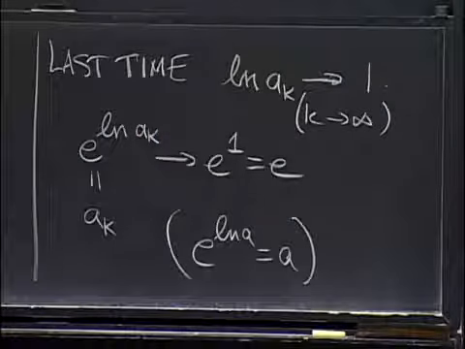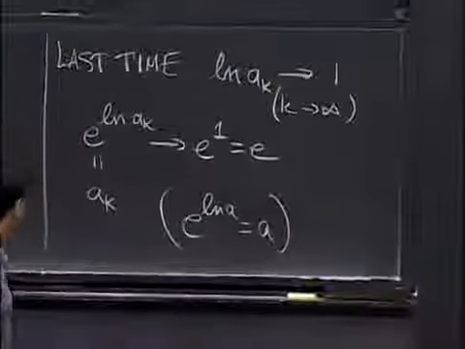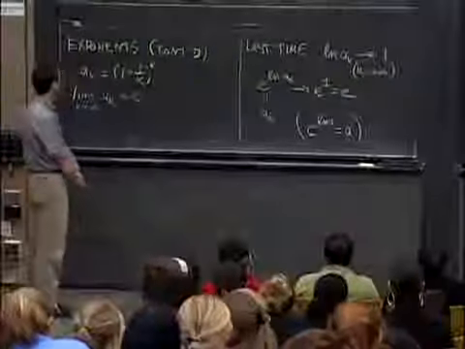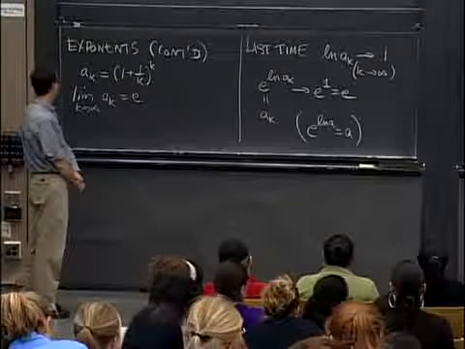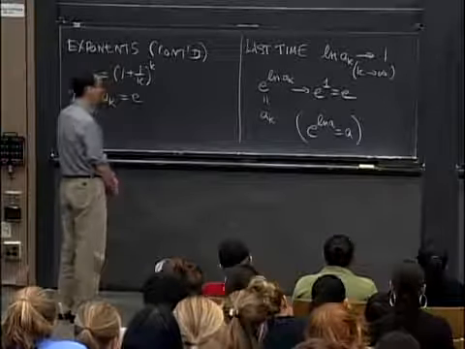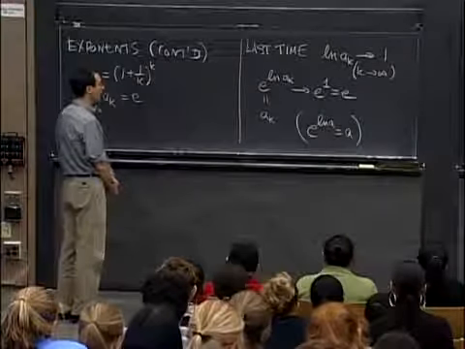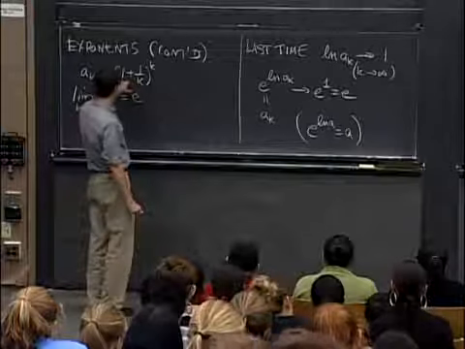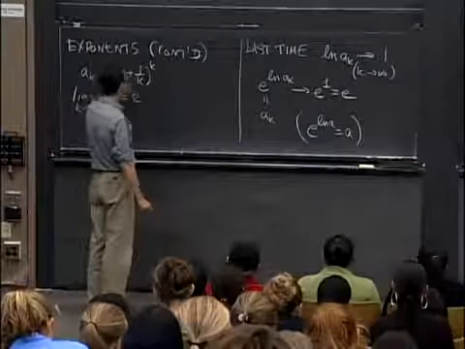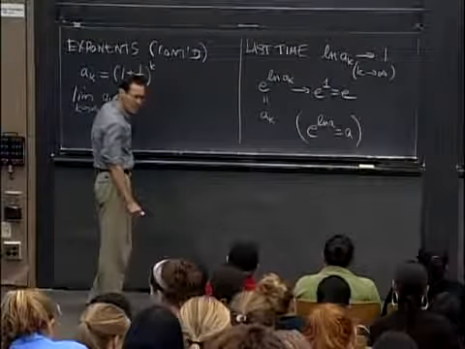Yes, question? Wouldn't ln of a_k equal 0 because it's k multiplied by ln of 1 plus 1 over k? As k goes to infinity, that's ln of 1, right, which is 0? So the question was, wouldn't the log of this be 0 because a_k is tending to 1? But a_k isn't tending to 1.